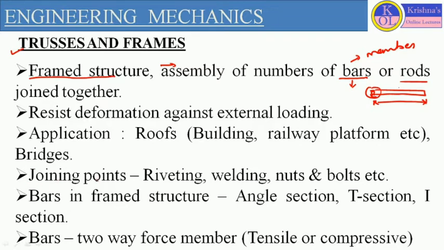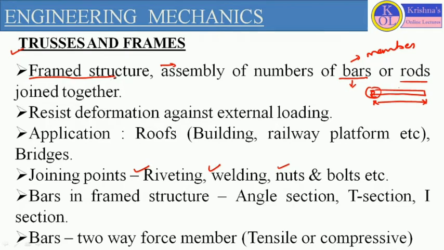Every end of the bars or rods is joined together with the help of different joining methods like riveting, welding, nuts and bolts, etc. With these joining methods we join a number of bars or rods and form a frame structure that is called trusses and frames.